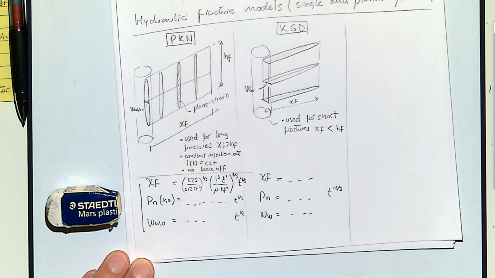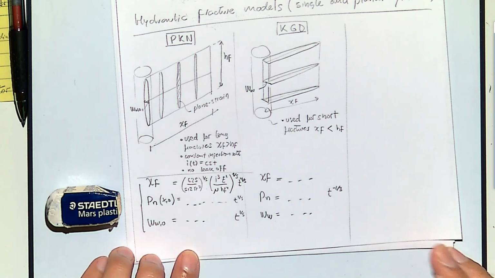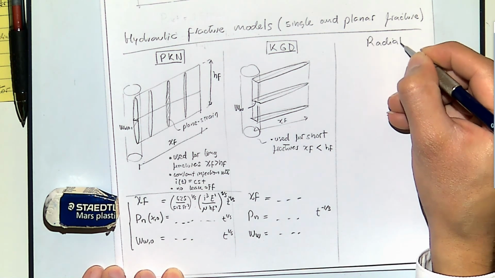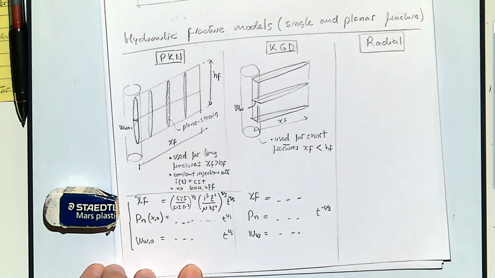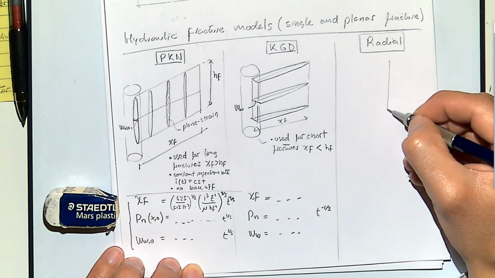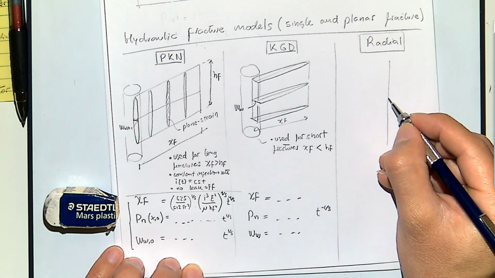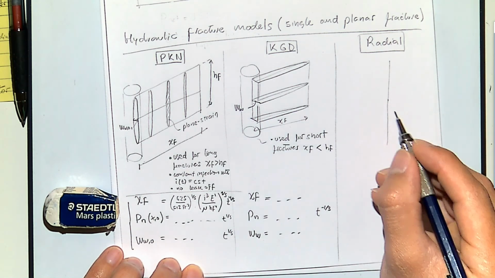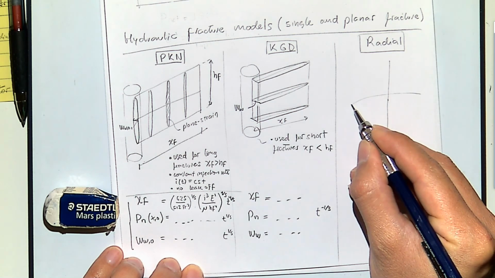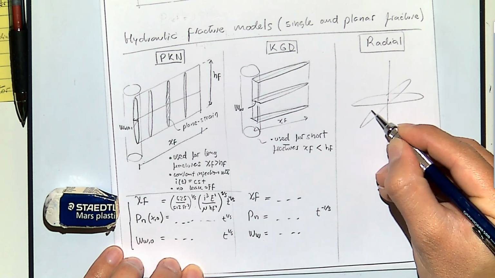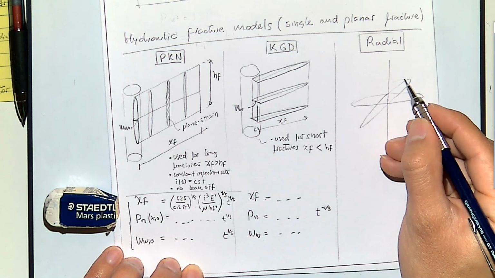And the last model is the radial model, in which now the fracture, if we had a wellbore, and let's assume that we are under conditions of reverse faulting, the fracture would propagate equally in the two directions in the horizontal plane.